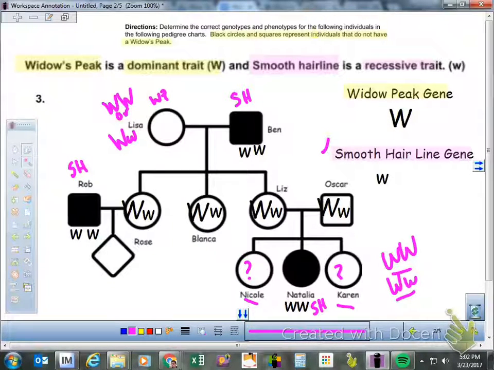So there's 2 options, and there's a 25% chance that the child is probably this, and a 50% chance that the child is probably this. If I had to bet some money on it, I would probably bet that the kids are heterozygous, because that's the best chance. But we cannot know for certain, because the 2 parents can pass on 2 different genes. All right.